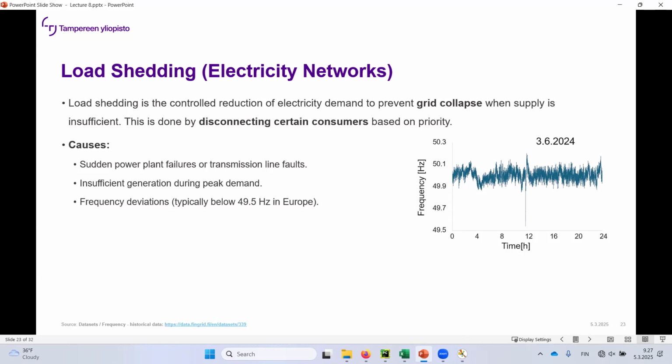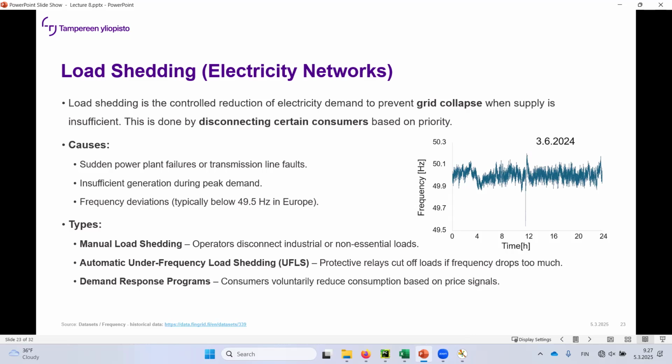So on the 3rd of June 2024, what happened was Olkiluoto tripped out of the network and the frequency dropped. So there was too little power production, but it didn't even go under this 49.5. So I don't think they had to make any kind of actual load shedding.